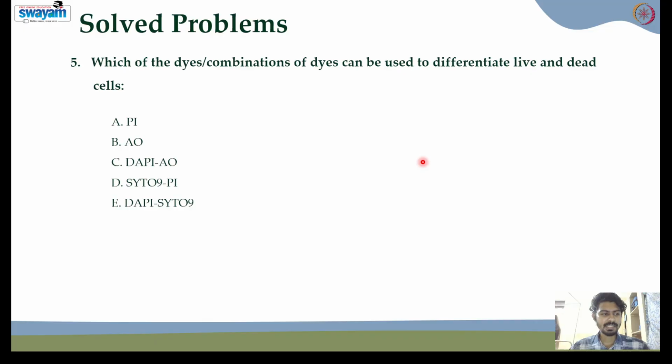So what is the answer? You can put your answer in the chat box. Which of the dyes or combination of dyes can be used to differentiate live and dead cells?